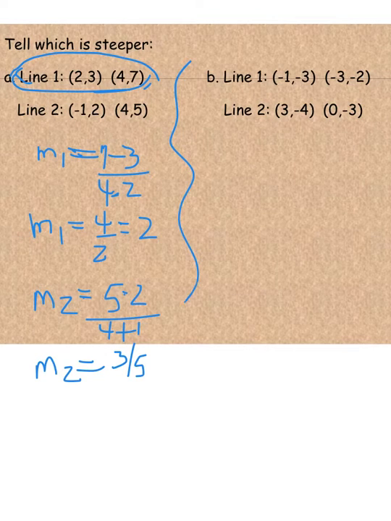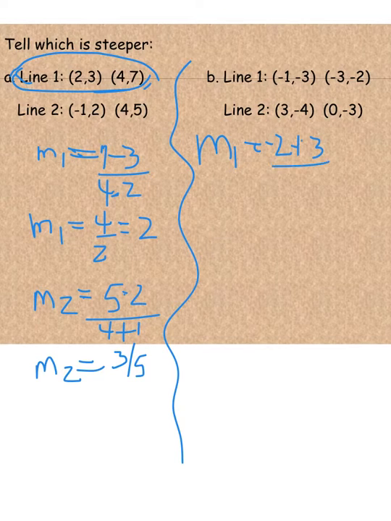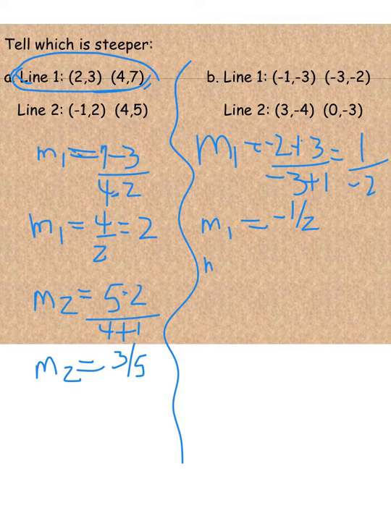In example B, the slope of line 1 is -1/2. And the slope of line 2 is -1/3.